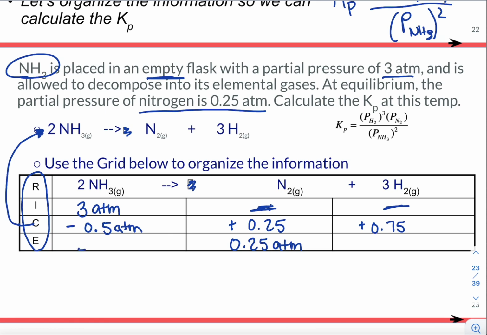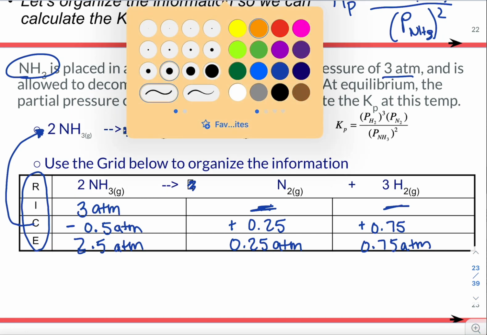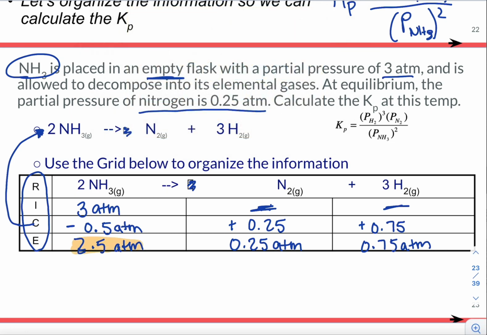So now we have 2.5 atmospheres here. We already knew we had 0.25 there. And we have 0.75 here. So now we do have equilibrium concentrations. Or excuse me, pressures.